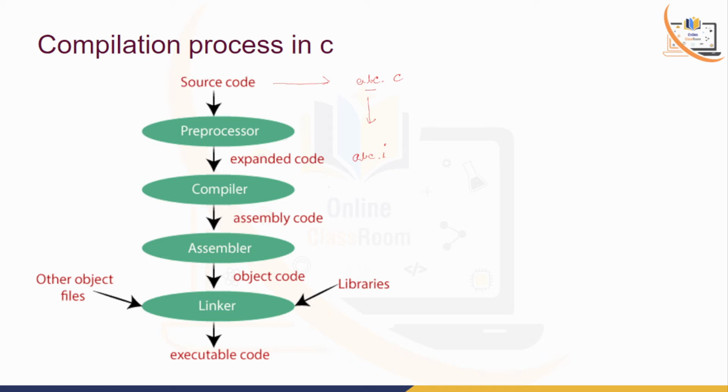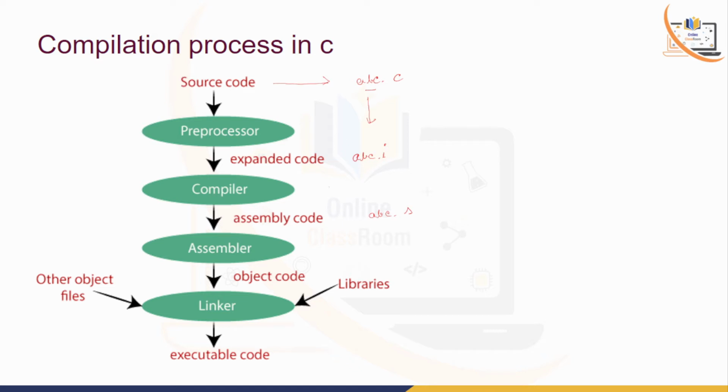So if you write abc.c, the next part is abc.i. After that, the compiler's output, the assembly code, is nothing but abc.s, right? abc.s is the extension, so this abc.s is the assembly code or machine level code.